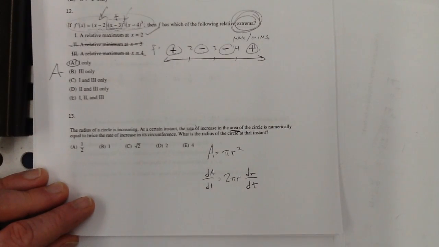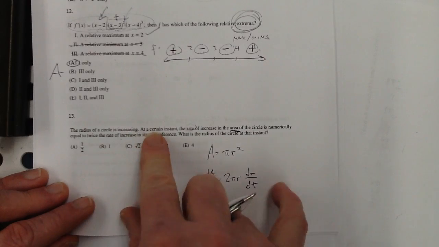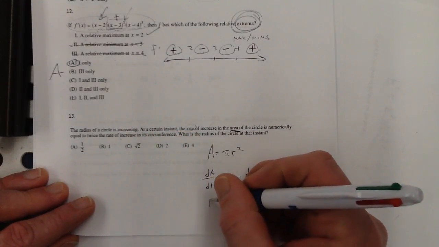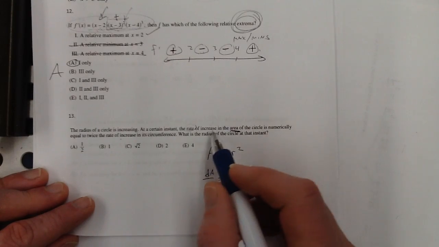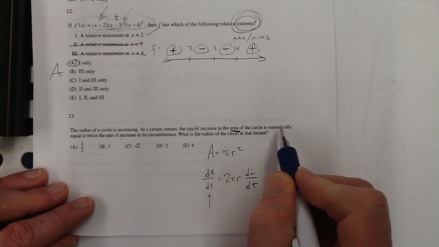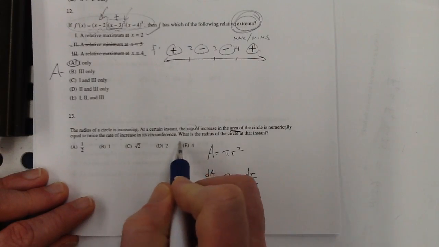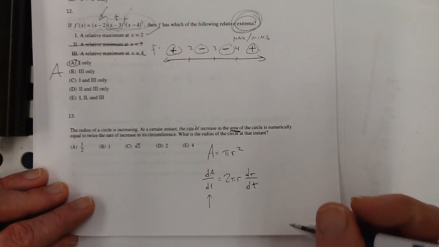Okay, so now what do I do with that? At a certain instant, the rate of increase of the area, that's this, is numerically equal to twice the rate of increase in its circumference.